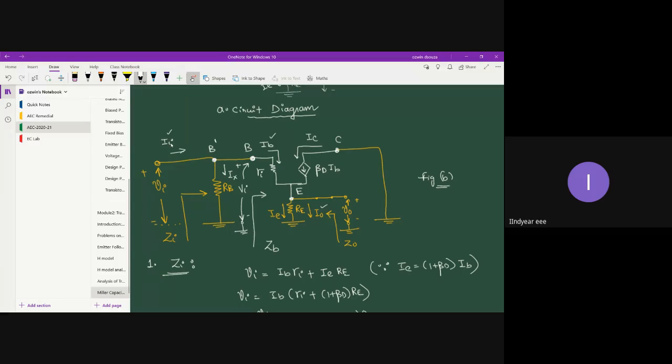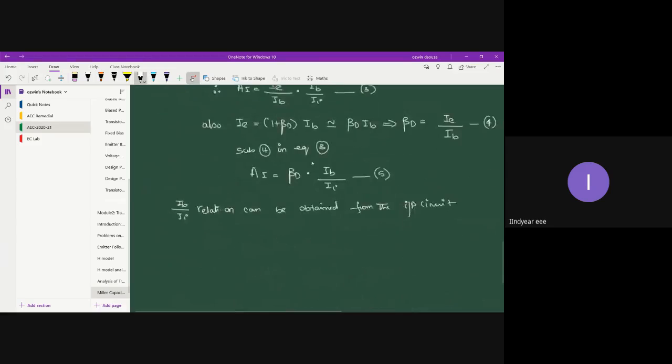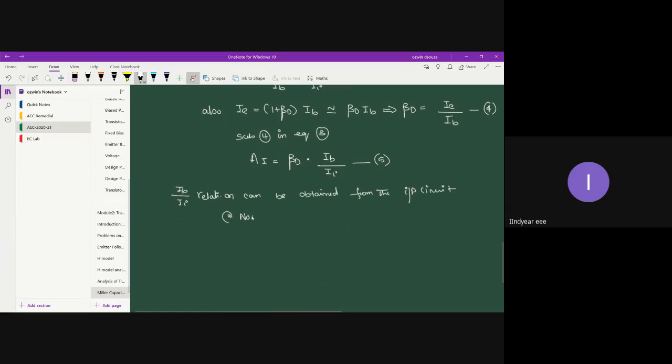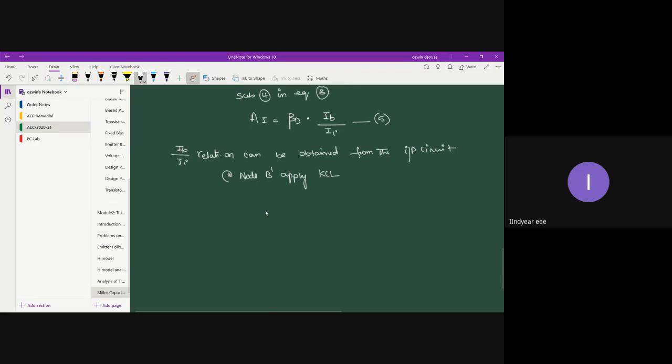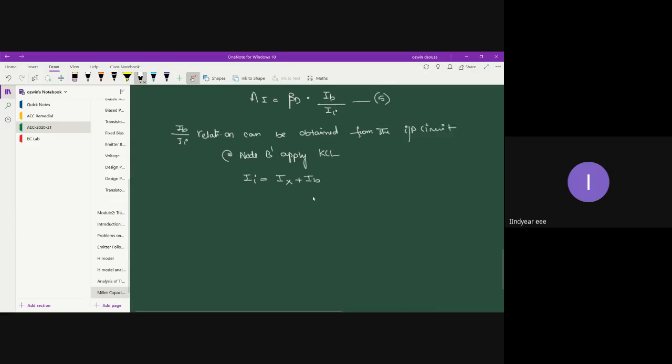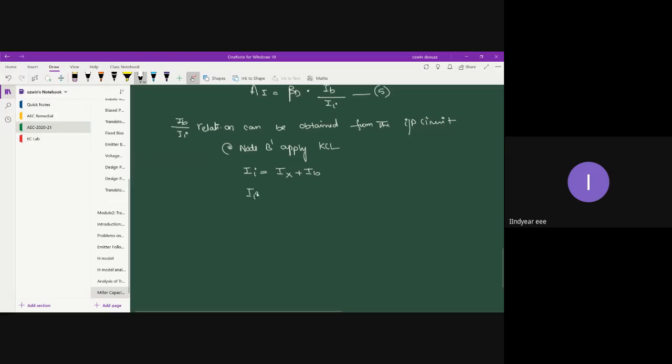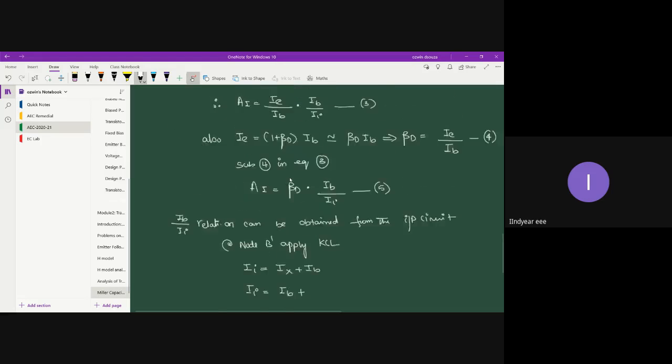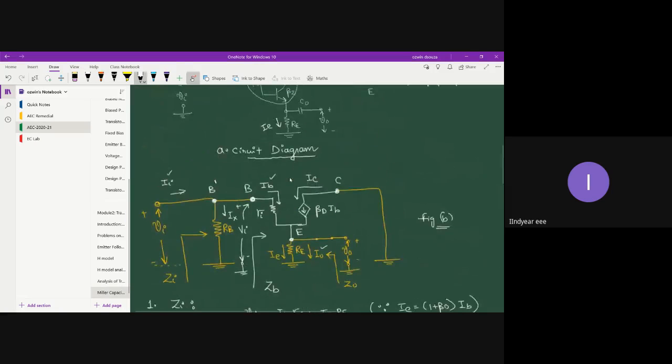So II is equal to IX plus IB, or II is equal to IB plus IX. IX is nothing but current through the biasing resistor RB.